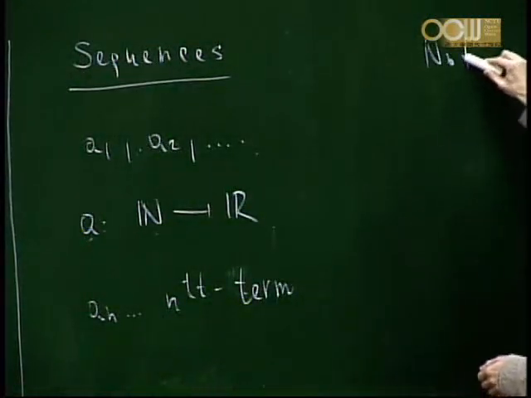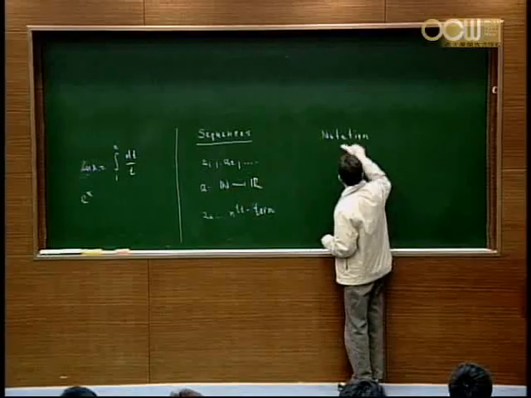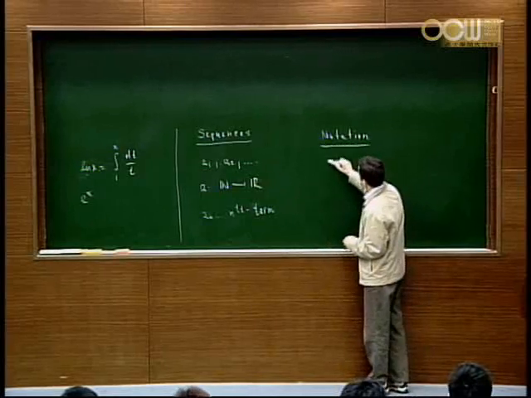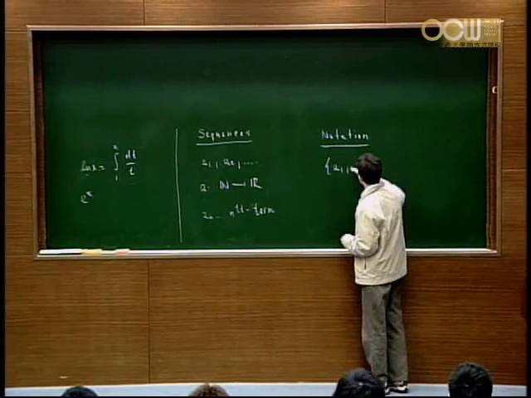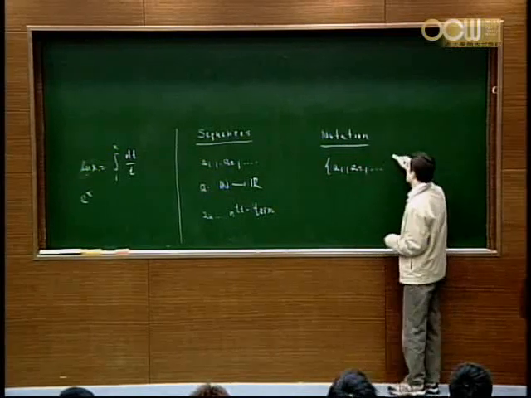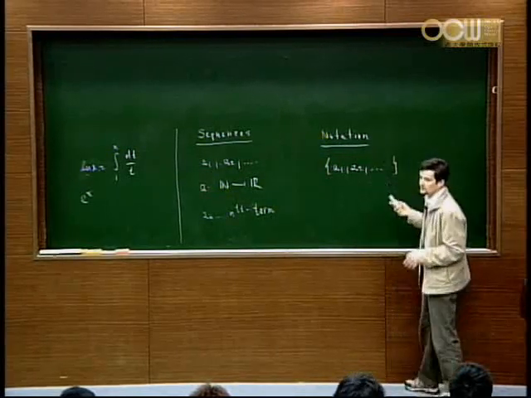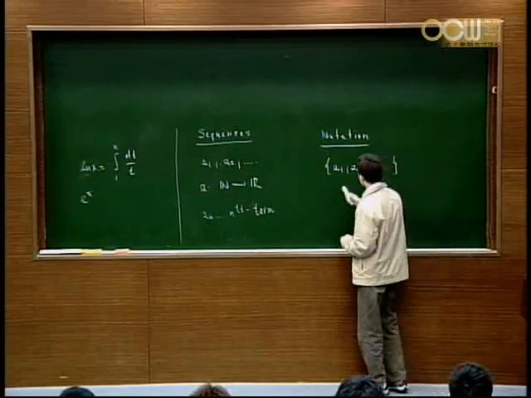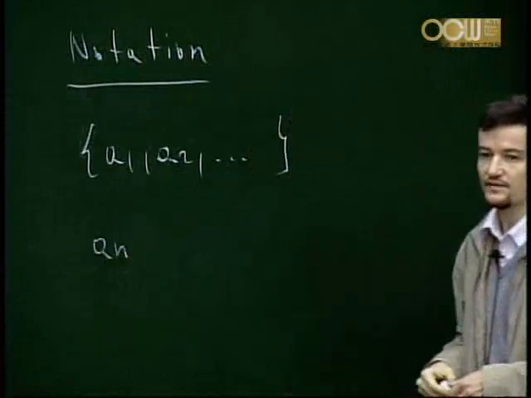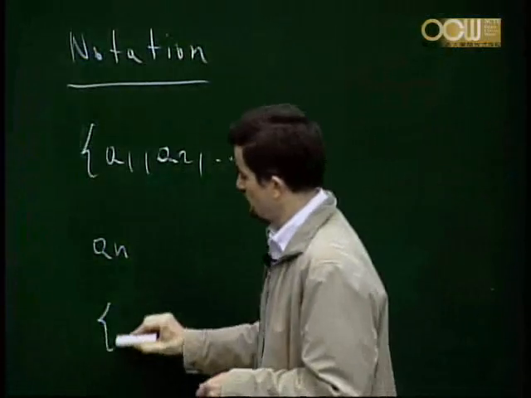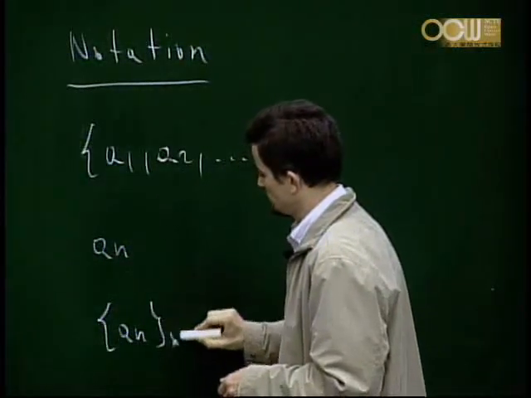So these are different notations which are normally used for sequences. Sometimes we just describe the terms. Of course, this is kind of dangerous because it might be uncertain how it's going on. But if it's clear how it's going on, we will use this kind of description. Another way is we just give a formula for an, or we also use sometimes this notation here. So this is just notation.